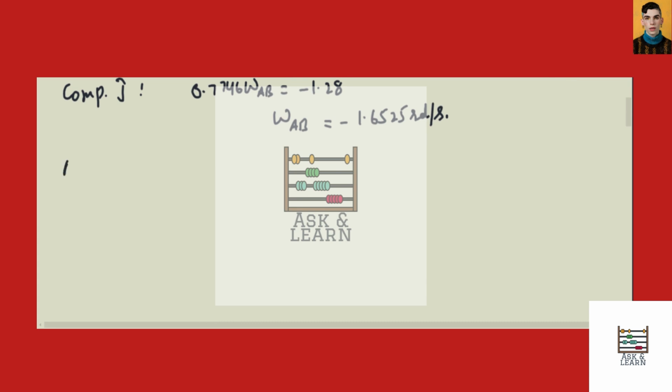Now acceleration analysis. Acceleration of A is a_A i cap. Angular acceleration of G is minus 2 radian per second square k cap.